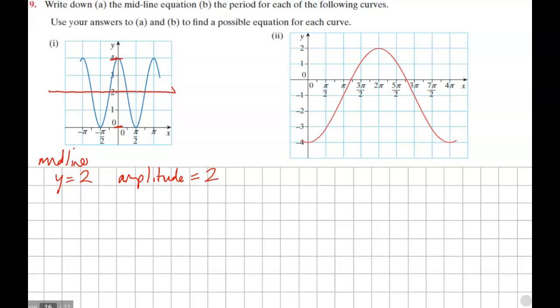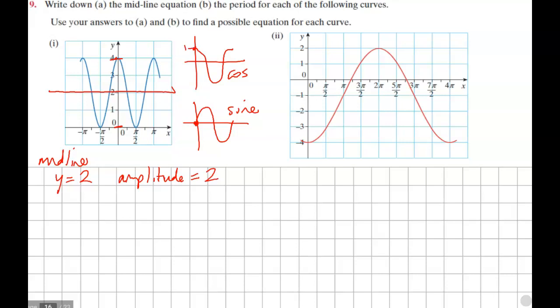But if you imagine this was my x-axis and that was not 2 but it was 1, crossing at 1, you need to realize that the cosine curve does that sort of U shape, and the sine curve does a sort of S shape. And you need to know that the sine curve starts at 0, 0, and the cos, that U shape, starts at 1 on the y-axis.